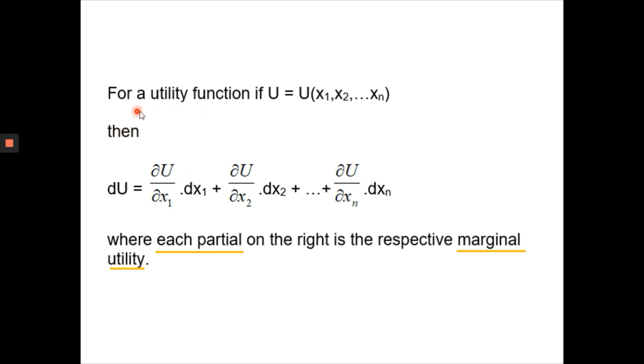Another economic example, if we have a utility function, and utility is a function of consumption of various goods, however many there are, up to n goods. And if we wanted to calculate a change in utility, if we wanted to work out the differential du, we would need to add together the change in utility from changing the consumption of all of these goods.